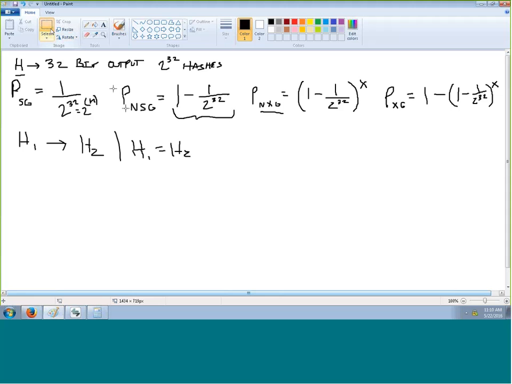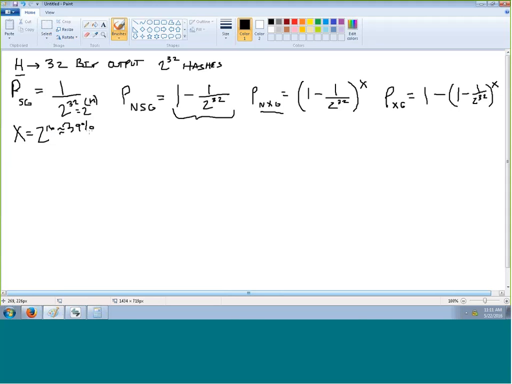Okay, let's take an example here. We'll use the same example we did for the strong collision resistance. Earlier we took the example of 2 to the 16th. Let's say we could feasibly compute 65,536 hashes. And I think that with strong collision resistance, if I'm not mistaken, it gave us about a 39% chance of generating a collision.